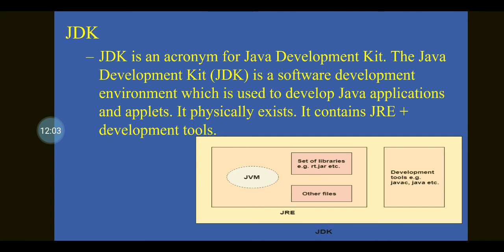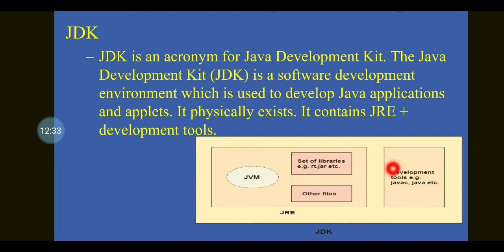And JDK is Java Development Kit. It is a software development environment which is used to develop Java applications and also Java applets. So we can simply say JVM plus a set of files becomes JRE, and JRE plus the set of development tools becomes JDK.